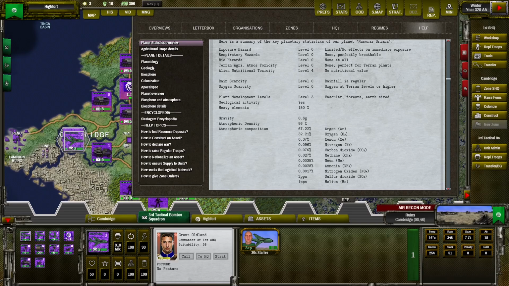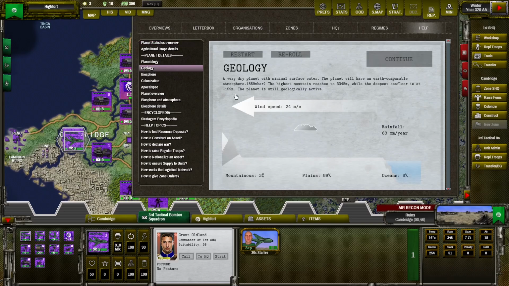It's computed from, if you go to geology, here in the description, you can see that the planet's atmosphere air pressure is 859 millibars, and we can round it to 860.